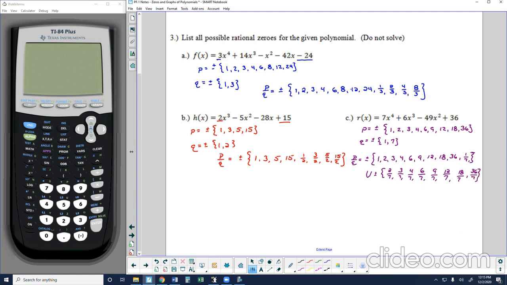So this entire set, P over Q, would be the possible rational zeros that could exist for r of x. So again, what this allows us to do is go from all rational numbers to a limited list of values that could exist as zeros for a function.